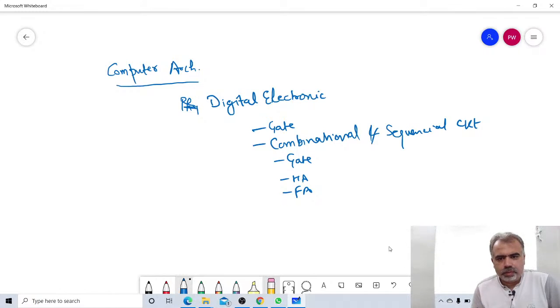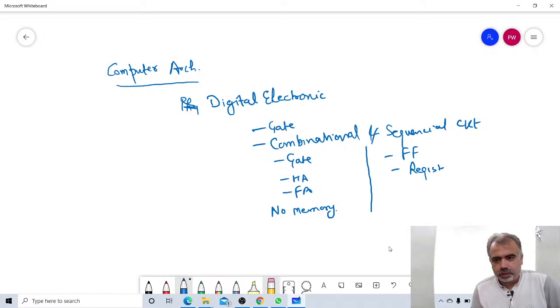The main difference between combinational and sequential circuits is that in combinational there is no memory, right? There is no storage. But in sequential circuits we covered flip-flops and registers, which are memory devices.